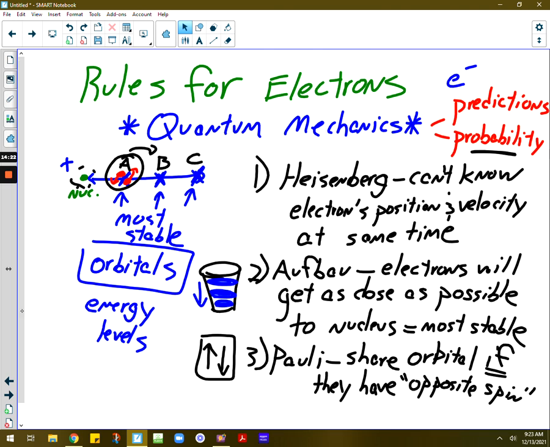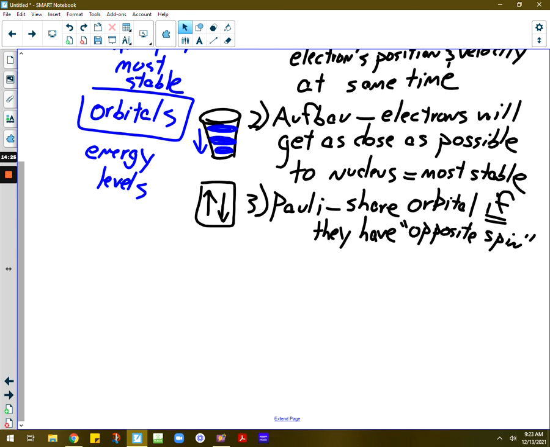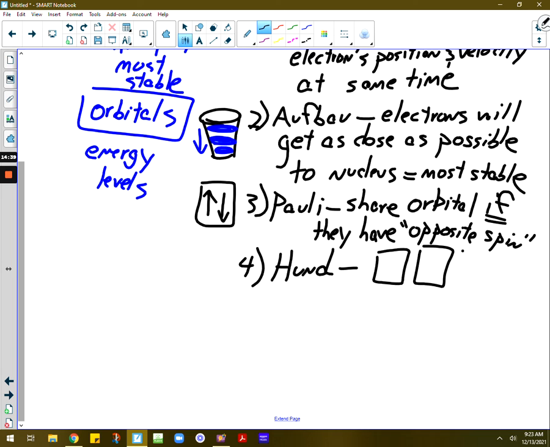And the fourth one, I can extend this just a smidge. The fourth one is Hund's rule. Hund said, if you've got, let's say, 3 orbitals that are at the same energy level, let's say that these are all 2p, then when electrons fill in those orbitals, since these are all technically the same distance from the nucleus, if the first electron goes into this orbital, then if another electron is added, it's not going to share that same orbital.